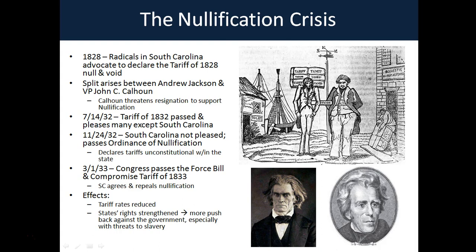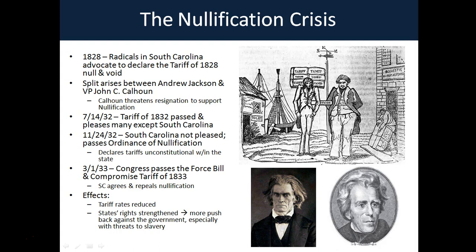Now that split was huge because Andrew Jackson wanted to focus on nationalist rights, and his vice president, who was from South Carolina, John C. Calhoun, who you can see there on the bottom left, wanted states' rights, and Calhoun actually threatened resignation.